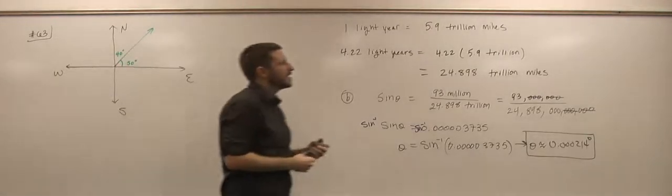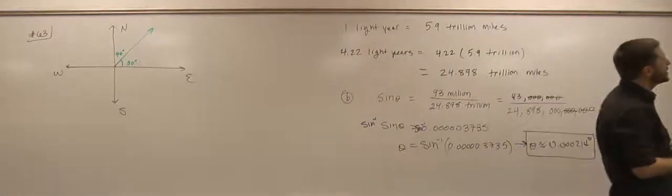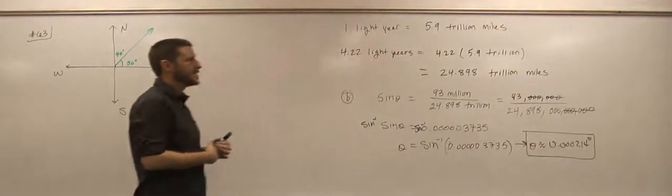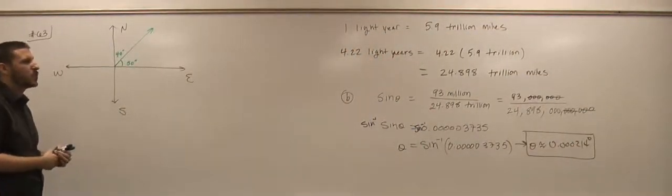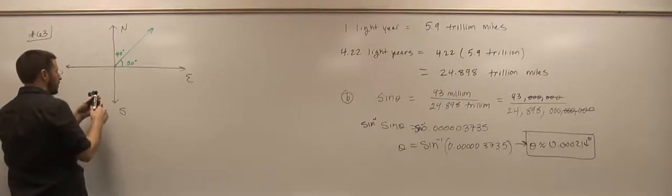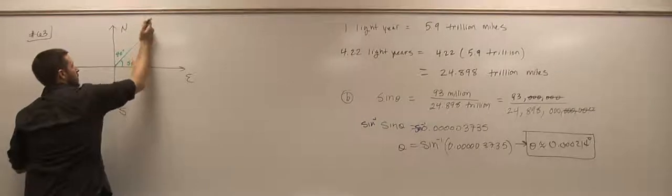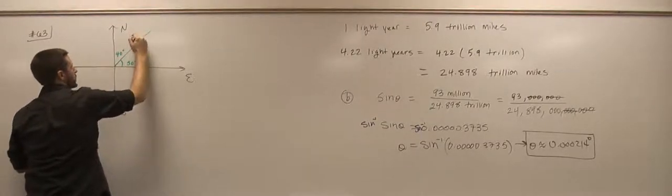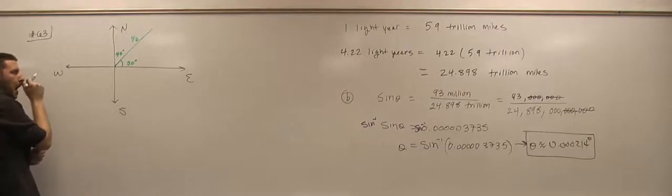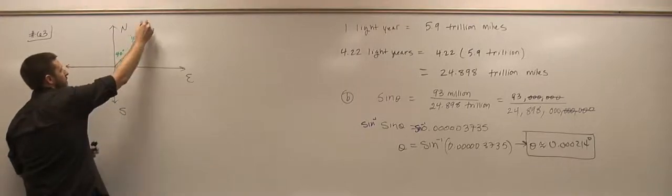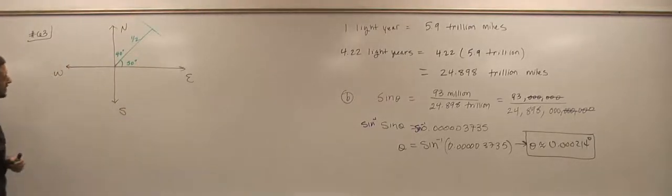Then it says the plane flies for 1/2 mile and then requests permission to turn 90 degrees and head toward the southeast. Okay. So he travels for 1/2 mile, so this distance here is 1/2. And he turns 90 degrees and heads toward the southeast. Well, he can only turn 90 degrees this way or this way.